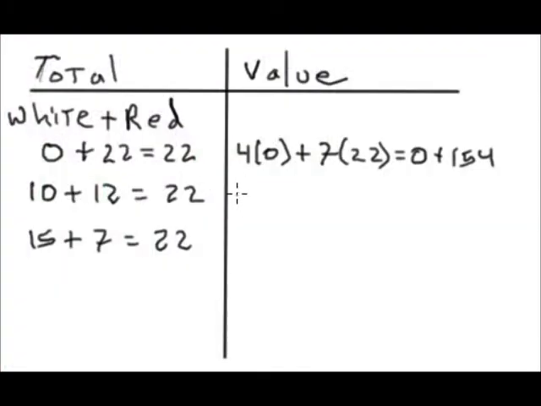So if we try the second possibility, we've got $4, still the same, times 10, plus 7, because each one's worth 7, times 12.